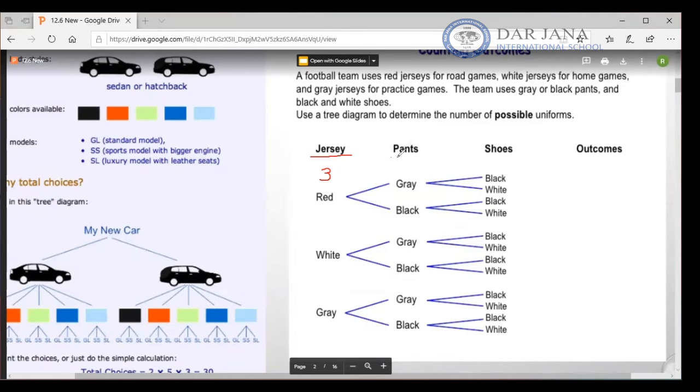For the pants color, I have 2, gray and black. And for the shoes, also I have 2, black and white. So the total will be 3 times 2 times 2. The total will be 12.